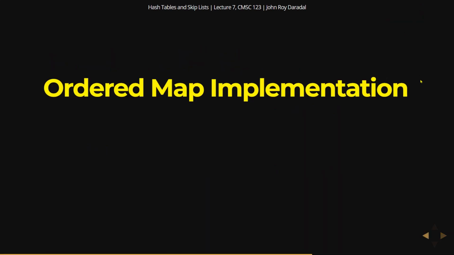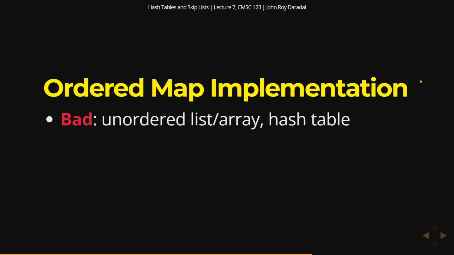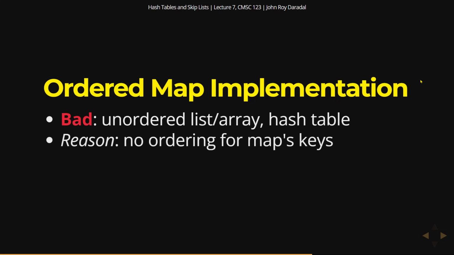So how will we implement our ordered map? A bad implementation would be to use an unordered list or unordered array, or even a hash table, for ordered maps. The reason is that they don't impose any kind of ordering for the map's keys, they just keep it unordered, right?